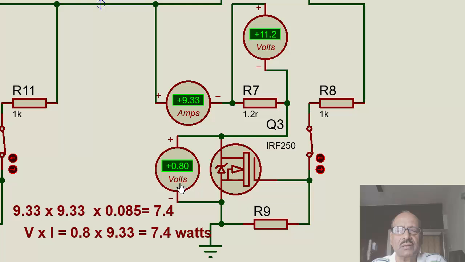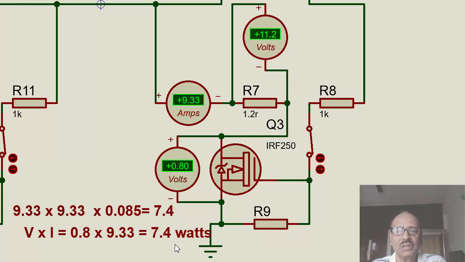When we switch it on, the voltage drop is 0.80 volts. The current is 9.33, so 9.33 squared into 0.085 from the data sheet is about 7.4 watts. The same calculation with the voltage drop of 0.8 volts, V into I, is equal to 7.4 watts.